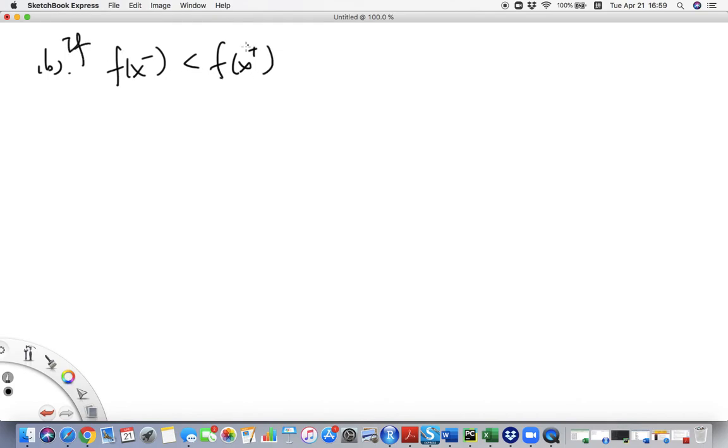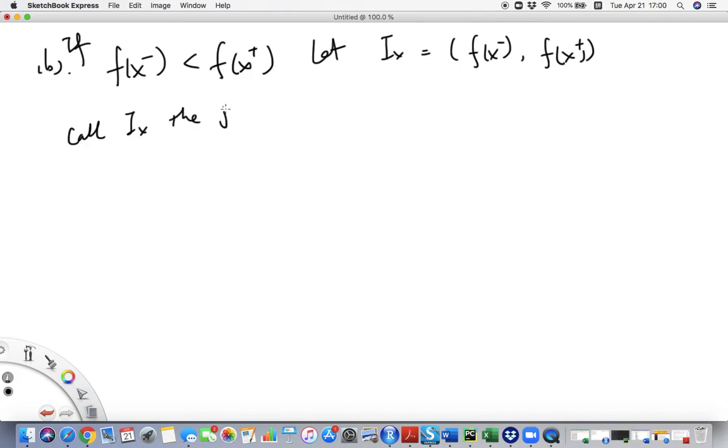Let I sub x be the interval from f of x minus to f of x plus. Call I sub x the jump interval at x.